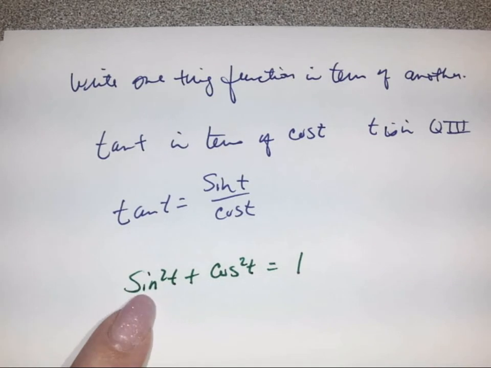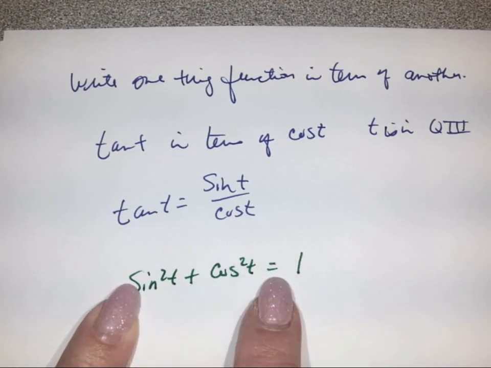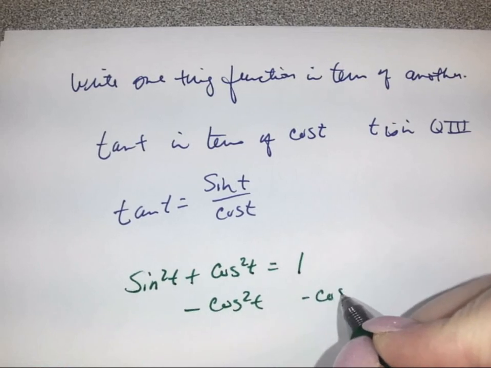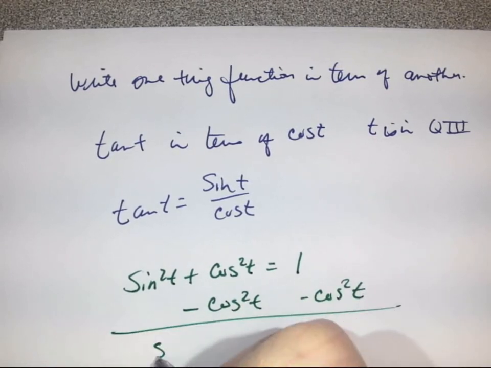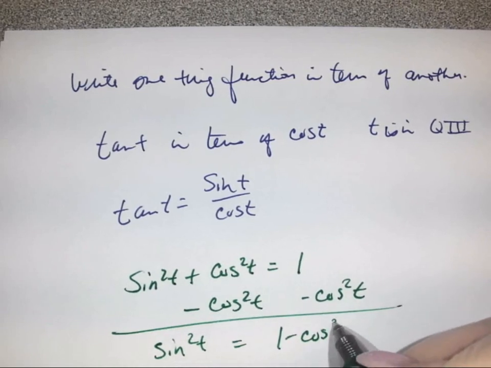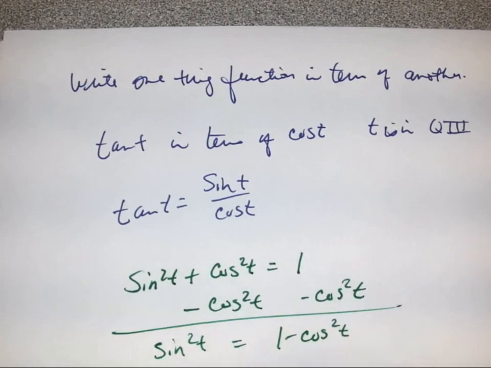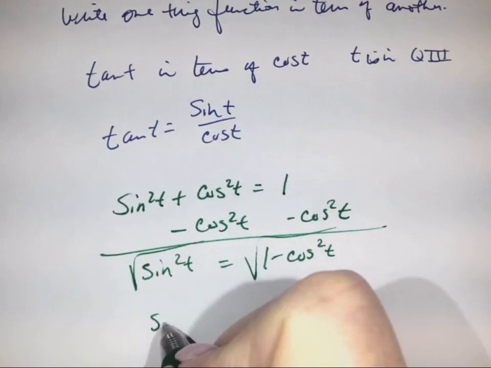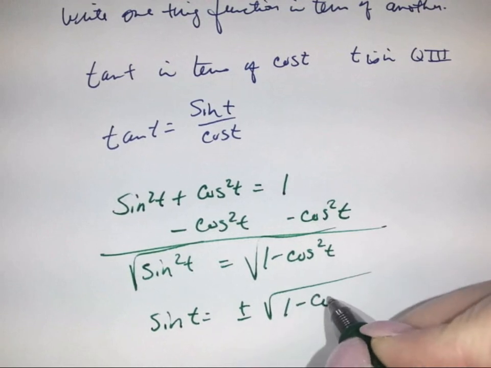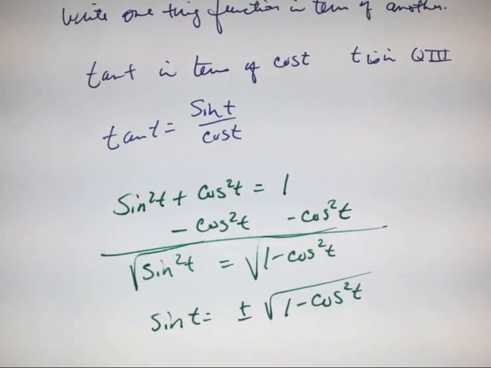I've got to solve for sine in terms of cosine. So I'm going to move my cosine squared t over. So sine squared t is equal to 1 minus cosine squared t. Take the square root of both sides, and we have sine t is equal to plus or minus the square root of 1 minus cosine squared t.